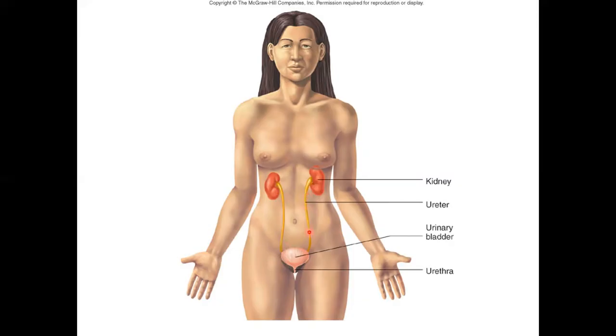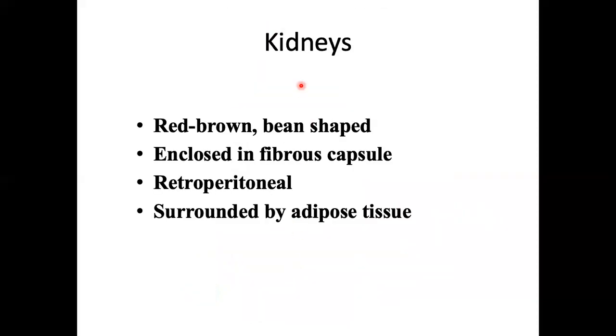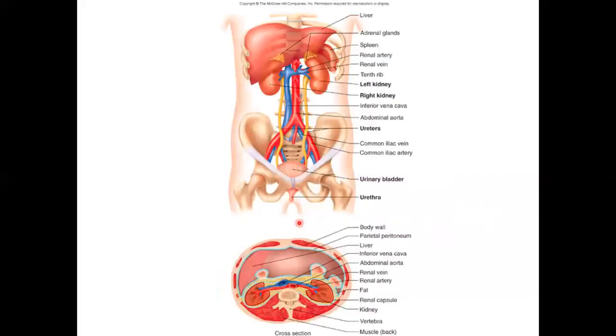The ureters are actually sort of up against the backbone, your vertebrae, for protection. And then the urinary bladder sits really low, and then your urethra. Your kidneys are red-brown. They're bean-shaped. They have a fibrous capsule surrounding them. They're retroperitoneally located, and they're surrounded by adipose tissue.